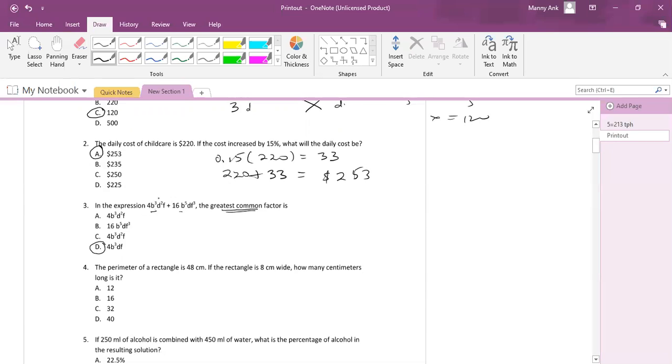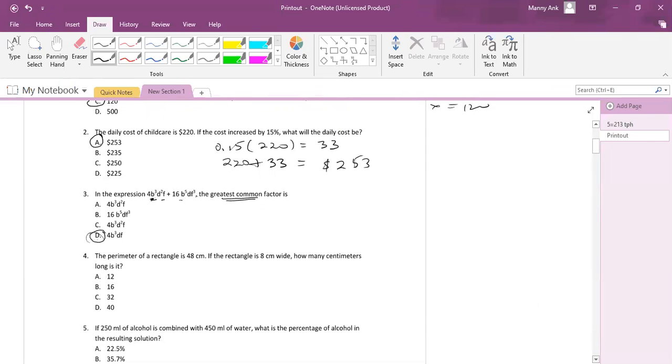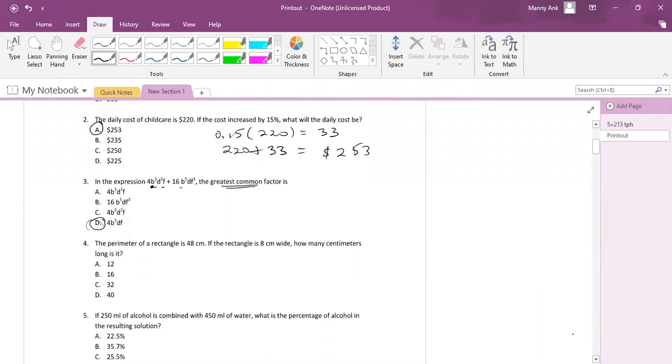You choose the one with the smallest exponent. So b to the power 3 is going to be part of it. Then d squared and d, smallest exponent, so d will be part of the factors. F to the power 1 and f to the power 3, f to the power 1 will be part of the factors. So that's why I have D, the greatest common factor. Use the smallest exponent for each of the variables to get a GCF for the variables.